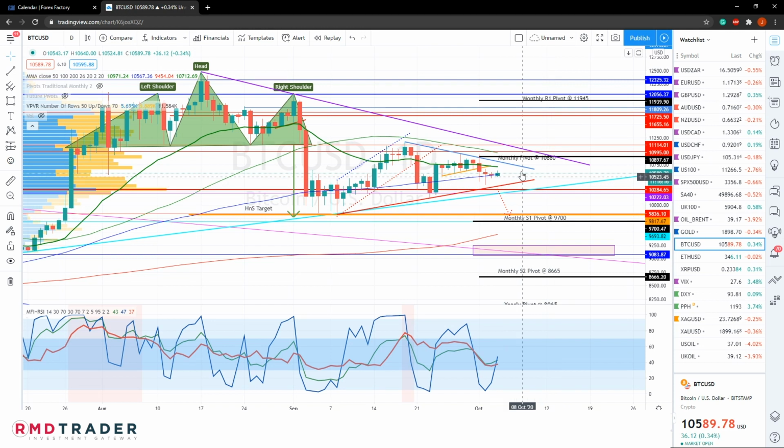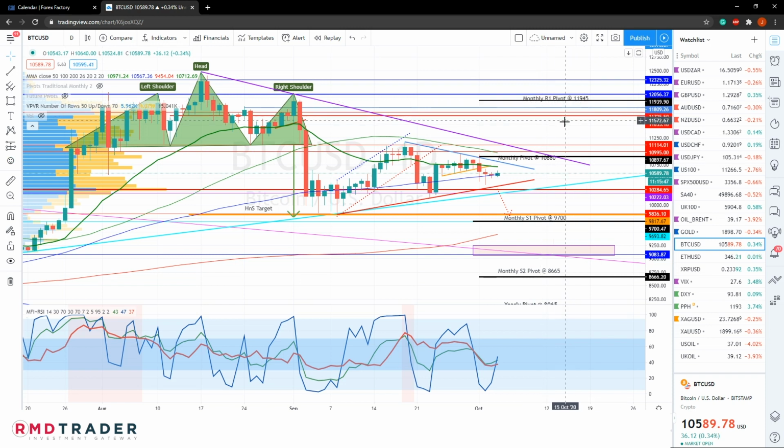However, should we manage to close above or break above this higher overhead diagonal, the area of resistance, as mentioned, would be 10,880, with the next test then being this overhead diagonal at 10,990. You can probably just round it up to 11,000, and only a close above 11,000 will then again give us new upside targets, which could be in the area of 11,650 to 11,945, which is the monthly R1 pivot.